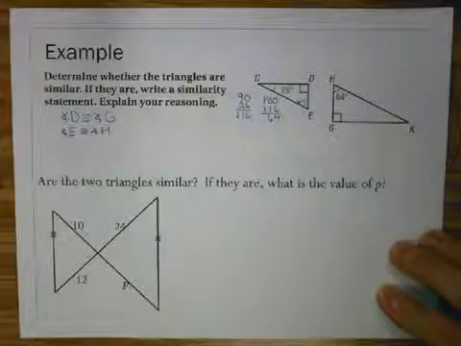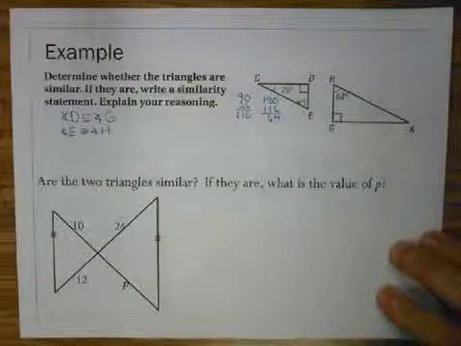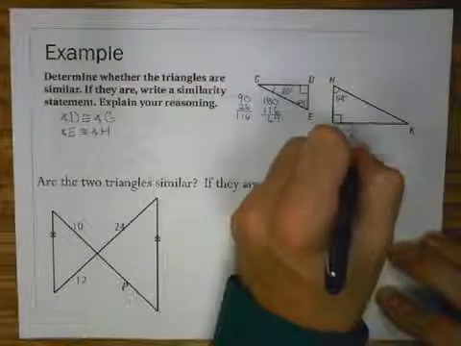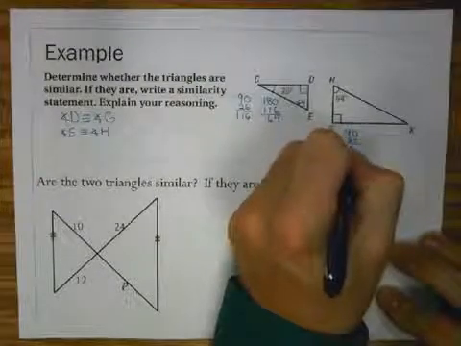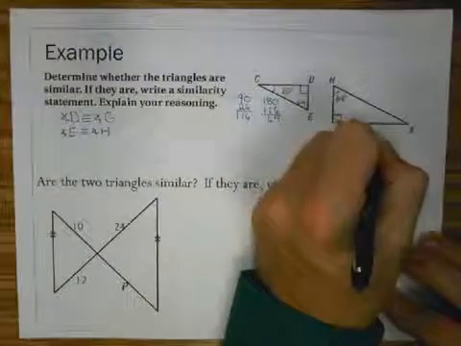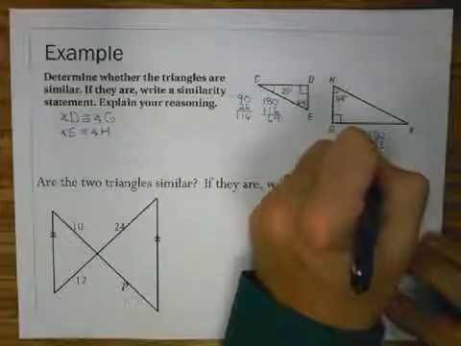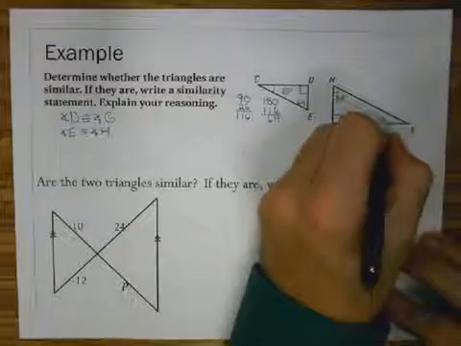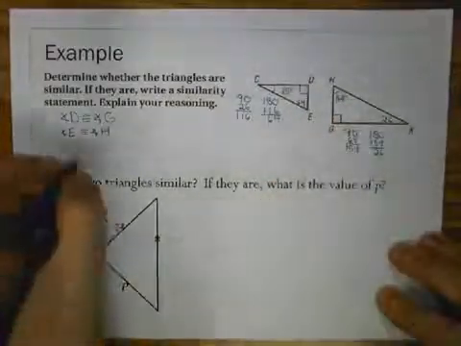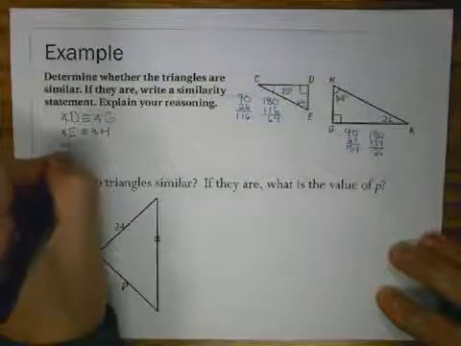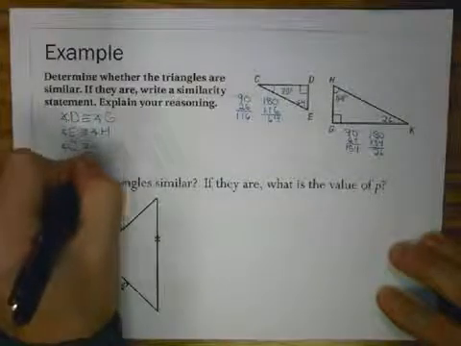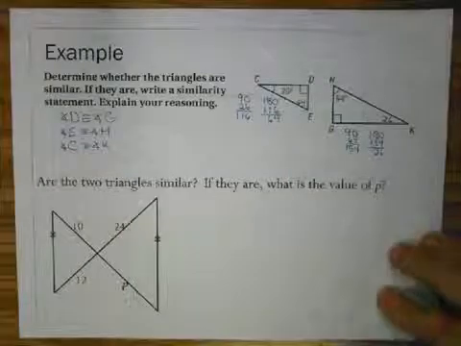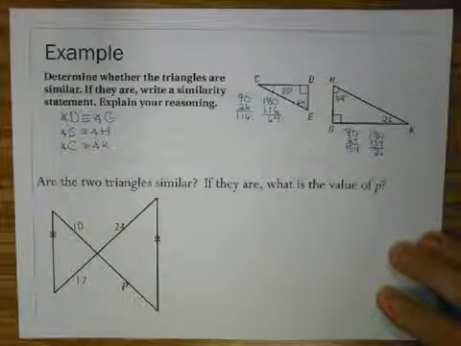They're both 64. Well, if I did the same thing over with HGK and did 90 plus 64, I would get 154. Subtract that from 180, I would get 26 for angle K. Well, now I see angle K and angle C are also the same.